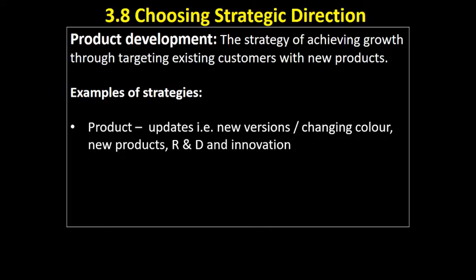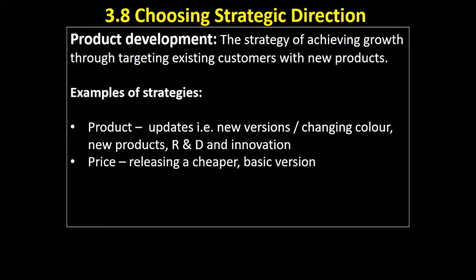As is Samsung, they're always updating their phones and laptops, etc. It can be as simple as changing the colour of the model, okay, bringing out new colours. Or it could be an entirely new product that we're selling, which is going to require extensive investment into research and development and innovation.